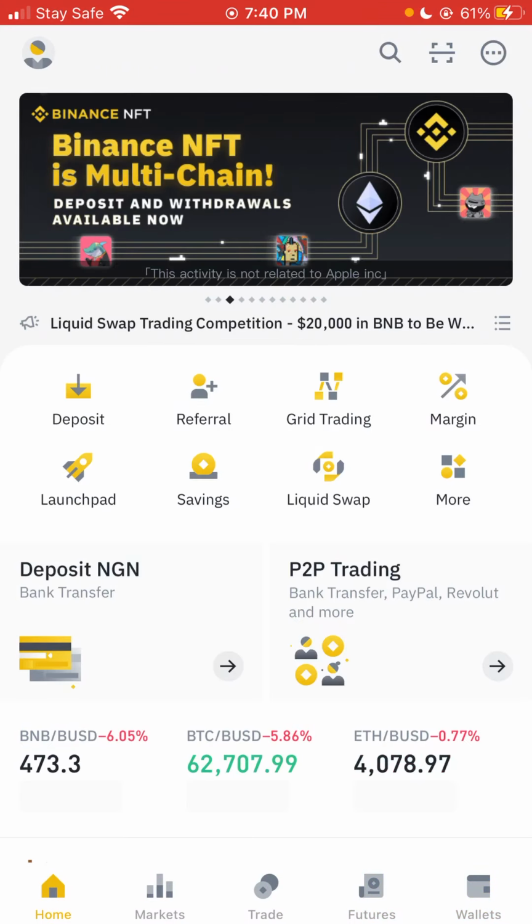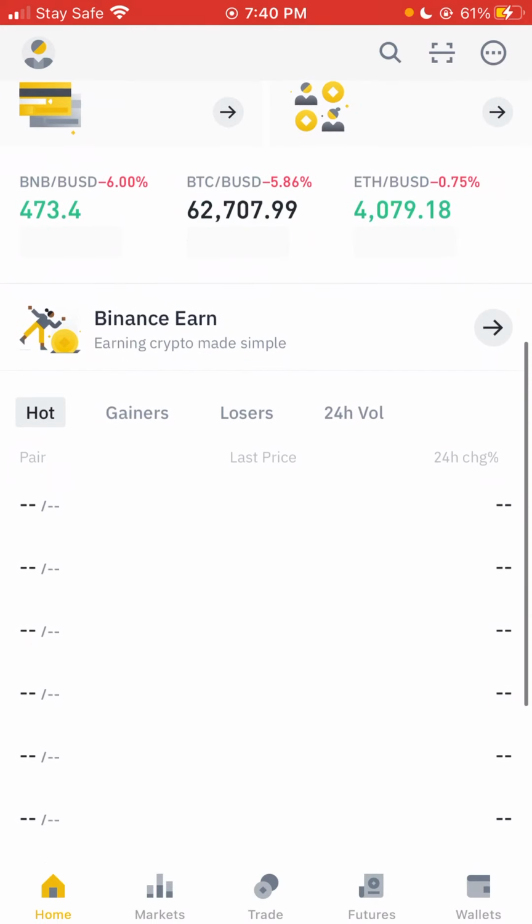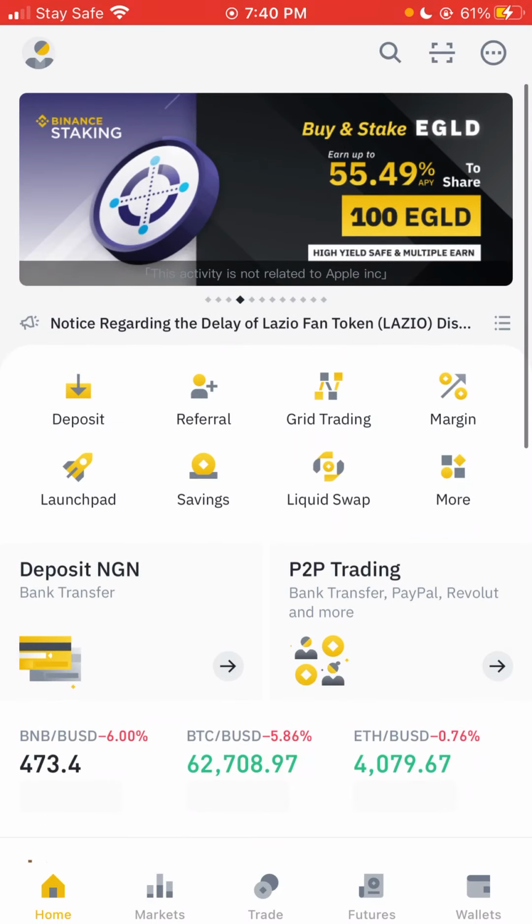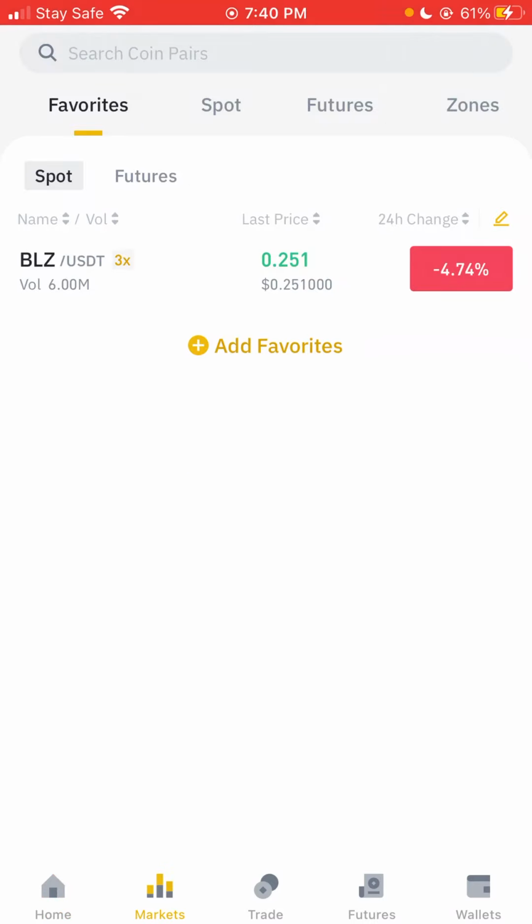The home is the normal automatic home section, and the market here is where you can see coins. You can just come here and search for any coins. On my favorites, I have BLZ USDT, so I only favorited that coin, so that's why it's showing this. If I want to add more favorites, I will just click on add favorite.